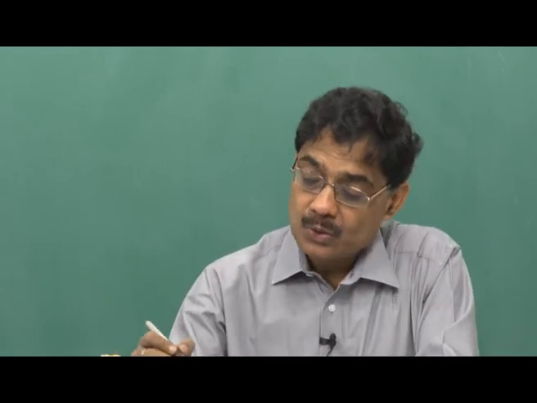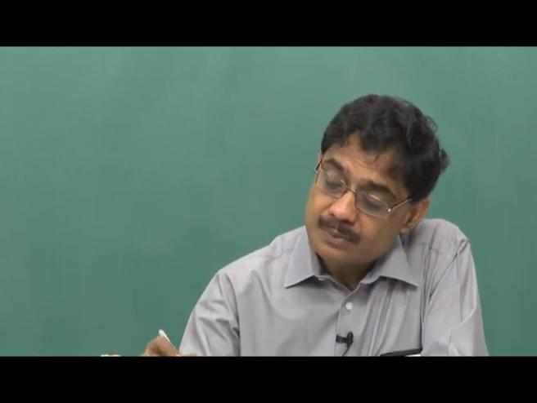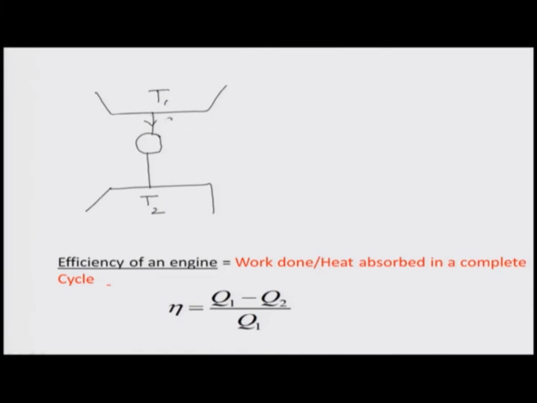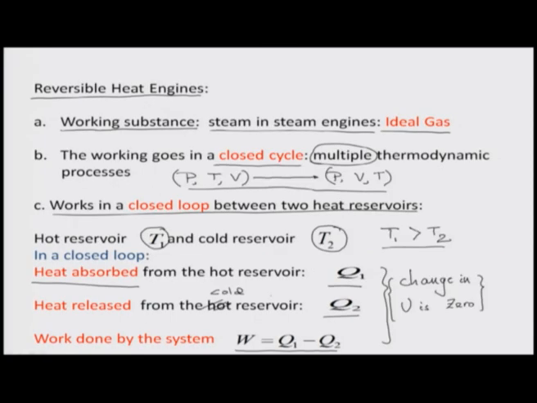So the heat absorbed, which I show by this arrow, is Q1, heat released to this is Q2, and then W is the work I can extract from the engine over a cycle, and conservation of energy tells me this.